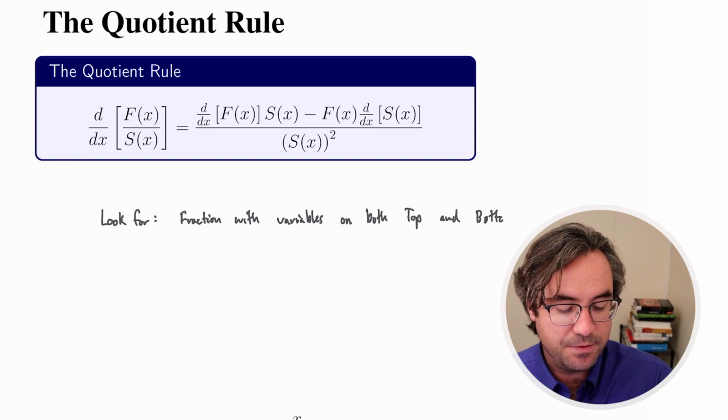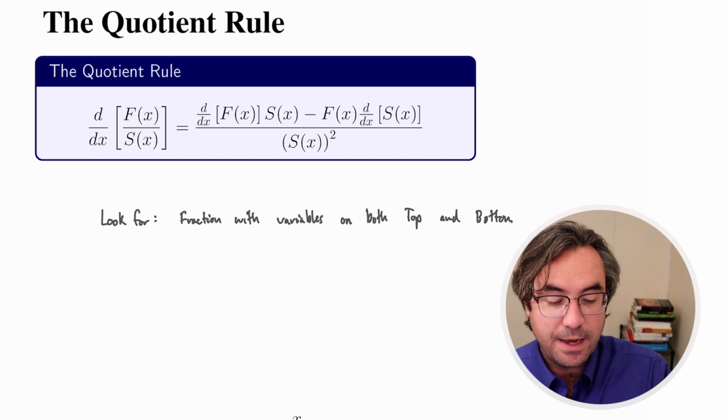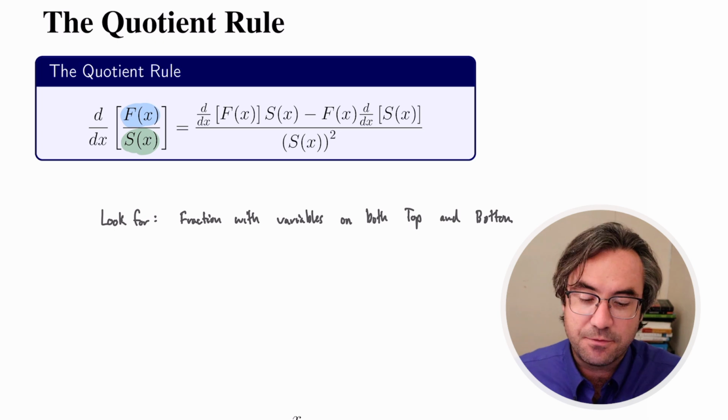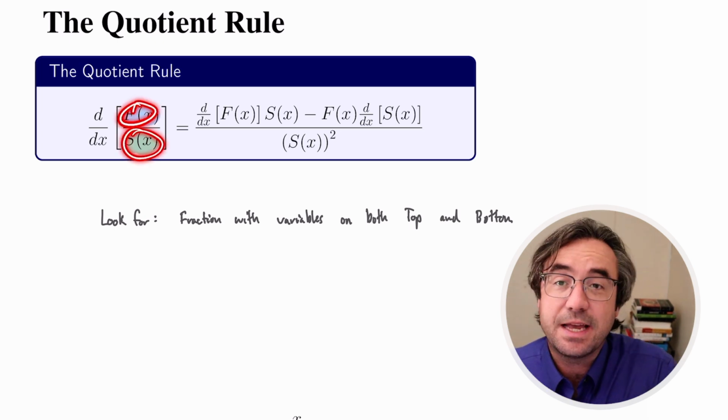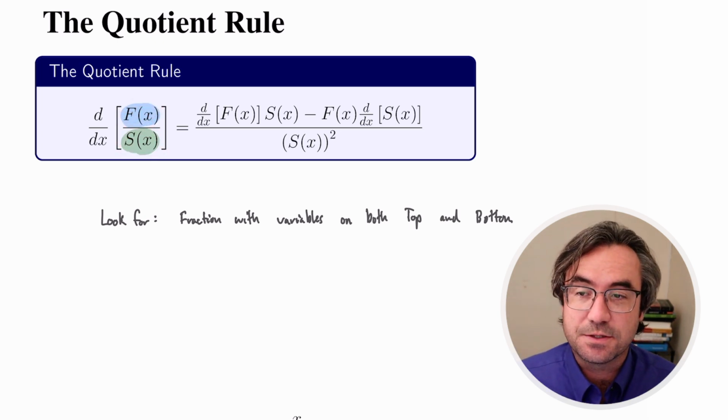And that's what we have in this general formula here. We have the top function, and then we're dividing by a bottom function, and conceivably both of these have variables in them. And we're trying to differentiate this whole thing.